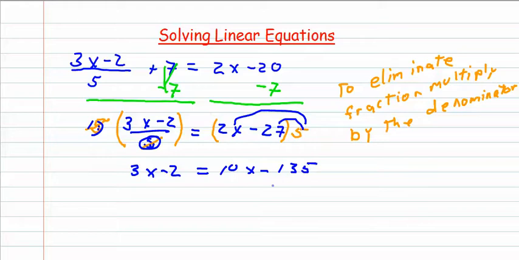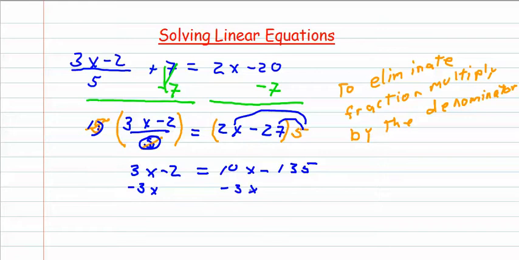Now there's no guarantee that we're not going to have a fraction for our answer, but that doesn't matter. Now, I want to move the x's to one side, the linear terms, and the constants to the other. So when I look at this, I'm going to subtract 3x, minus 3x.